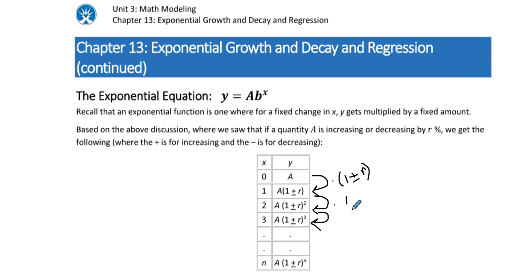So every single time we're multiplying by 1 plus or minus r, and that's really our growth or decay factor. This is what we looked at last time.